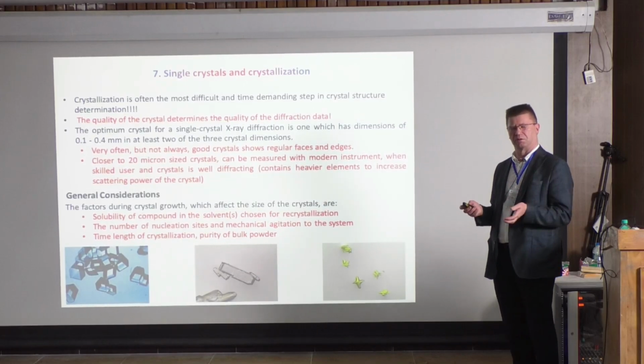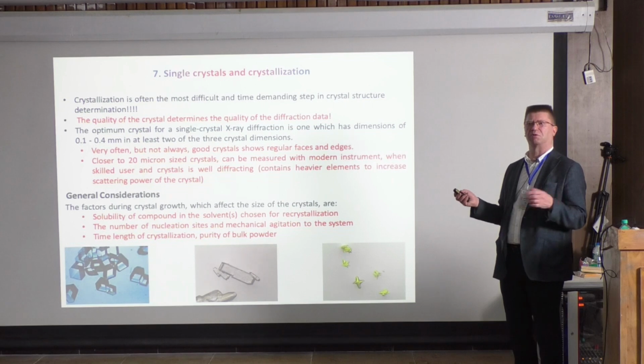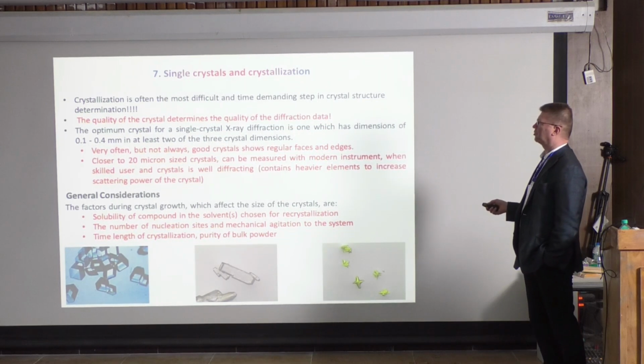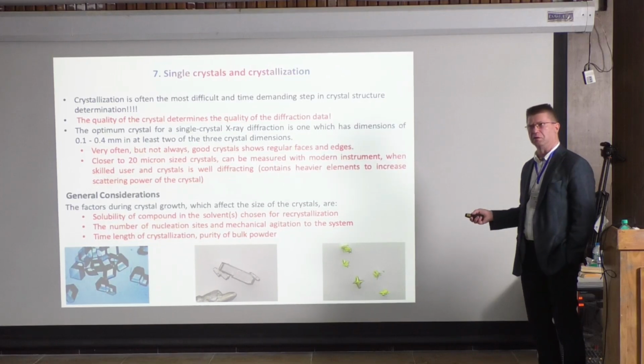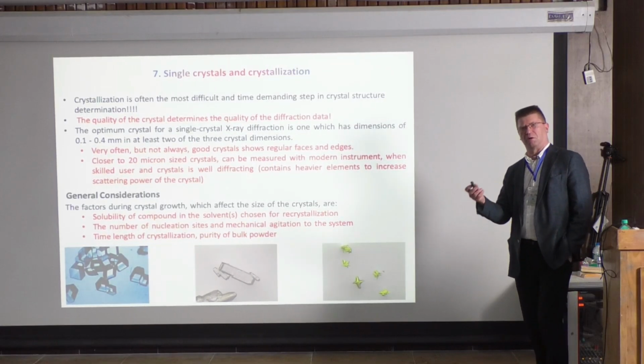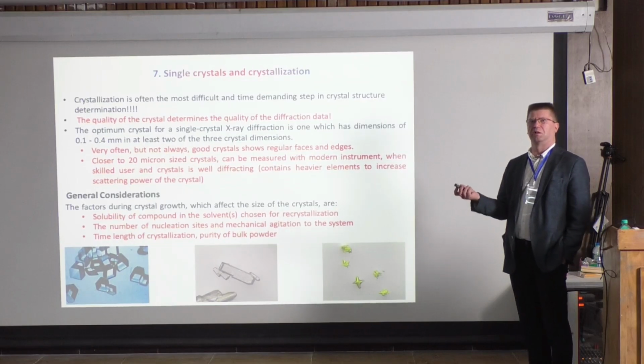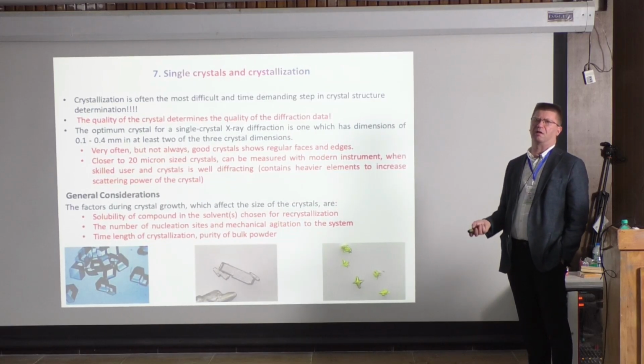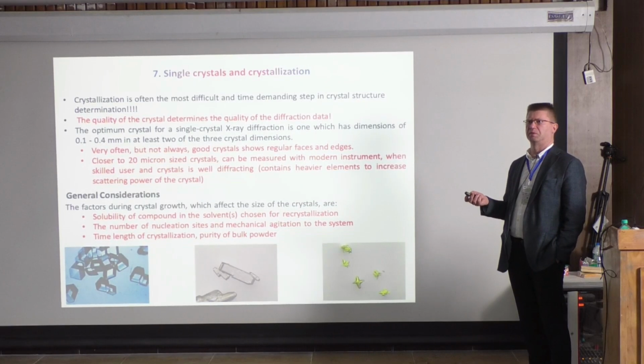But if it doesn't, then there is no diffraction, there is no information. So the quality of the crystal determines the quality of the data, which determines the quality of your structure. And if the data is bad, the structure is bad, or in this case you can't even get the structure. And it can be very annoying.